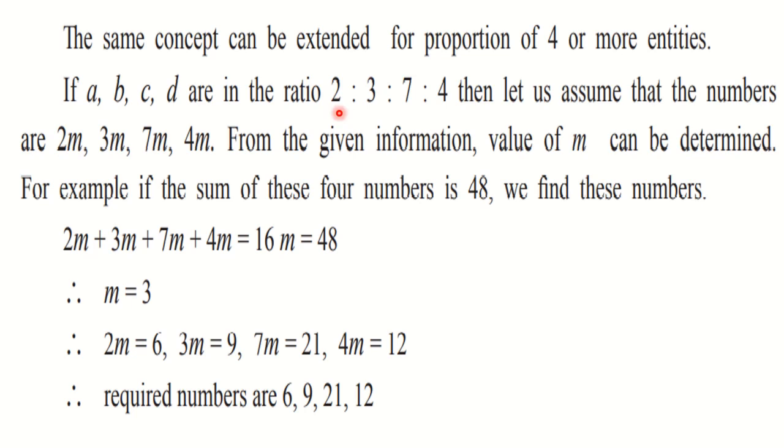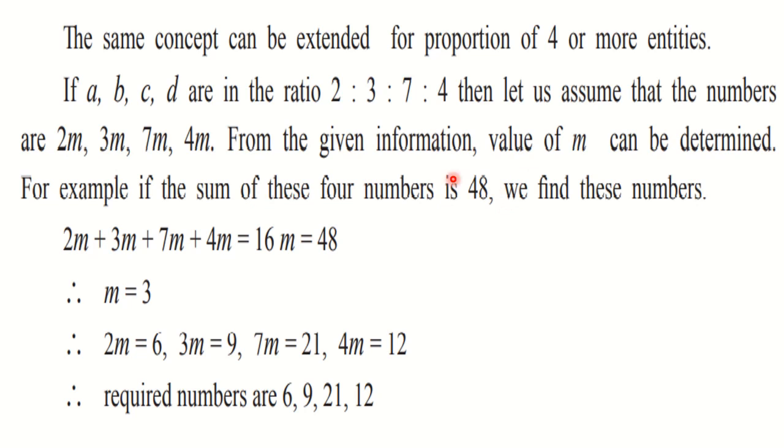Whenever you are provided with a ratio you have to always think of the common multiple, and from that you can write down the numbers. Here the common multiple is m, so the numbers are written here. Now from this information we can find out the value of m. For example, the sum of these numbers is 48.